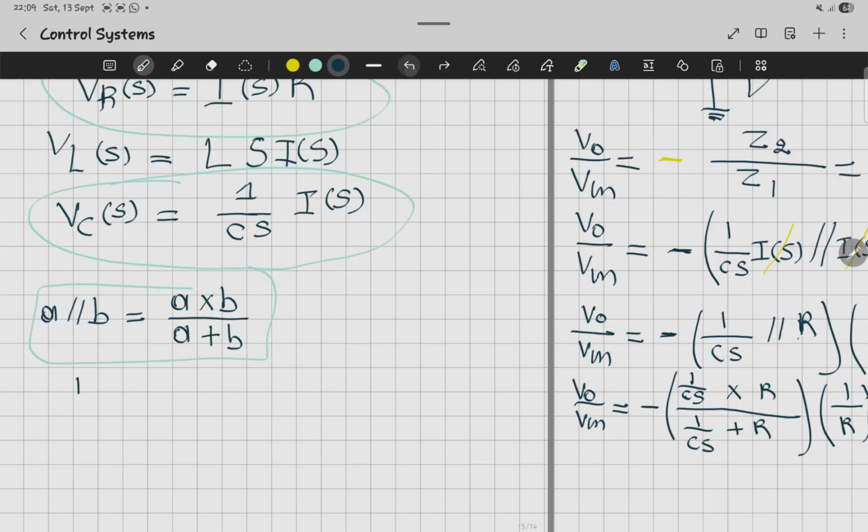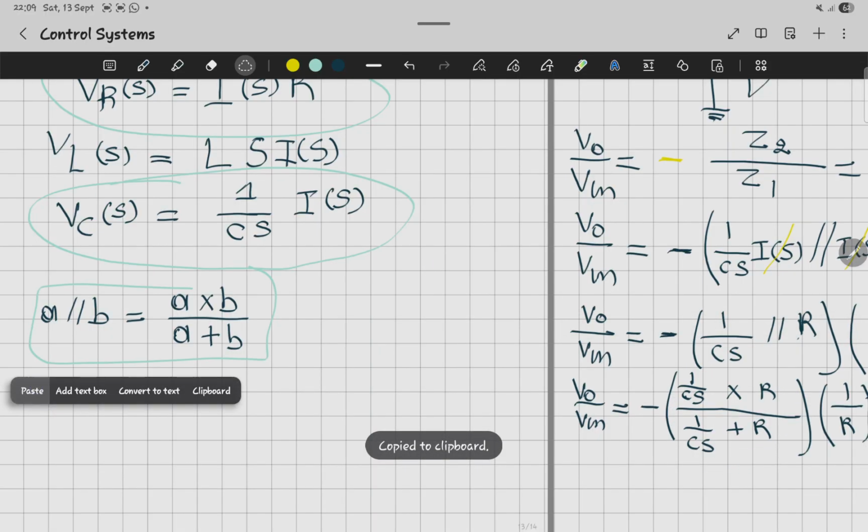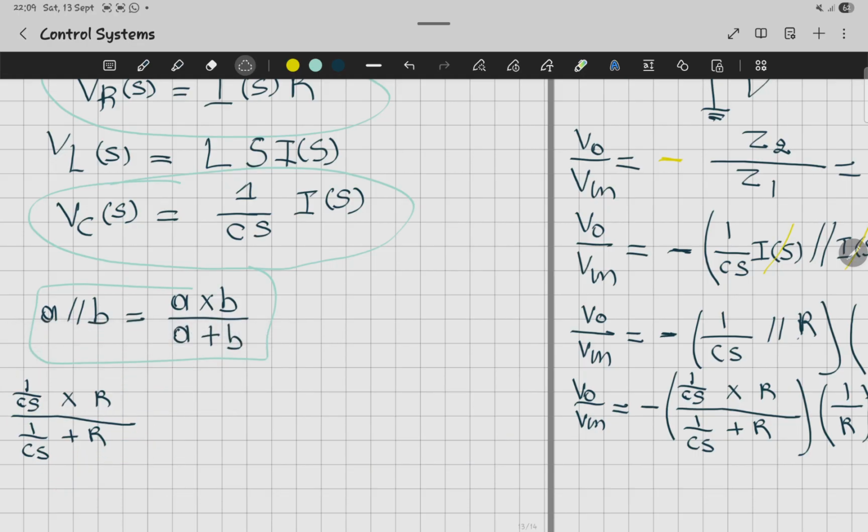I can copy this whole section, solve it separately, and then bring it back. So I'm going to copy this one here so I can solve it.